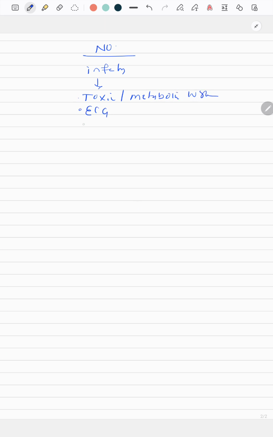You should also do ECG and CT. If it shows any toxic or metabolic etiology, you should treat accordingly. And if there is no toxic metabolic involvement, then you should do CT.